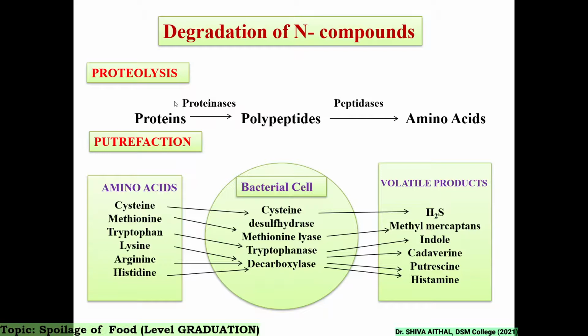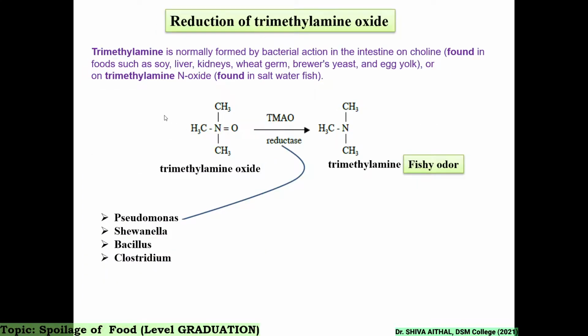Proteolysis is an enzyme reaction by protease where proteins are converted into amino acids, and amino acids, by virtue of bacteria with the enzymes present, are converted into volatile products. This is putrefaction. So degradation of nitrogenous compounds, the proteinaceous compounds, takes place by proteolysis, and this is called putrefaction.